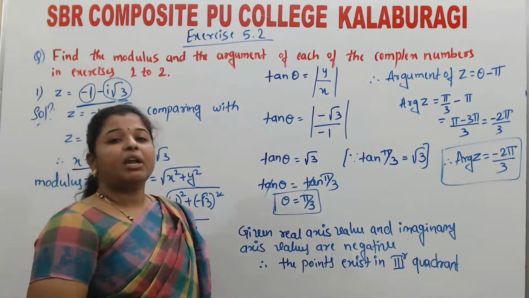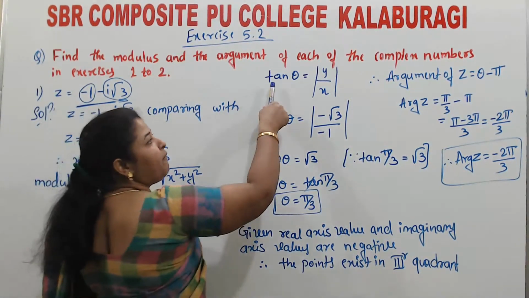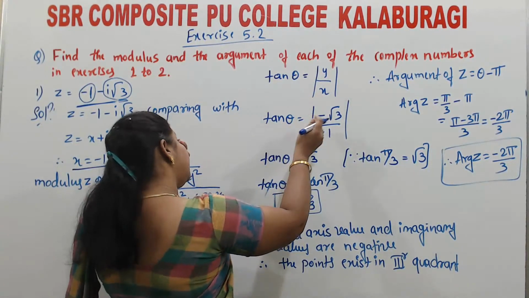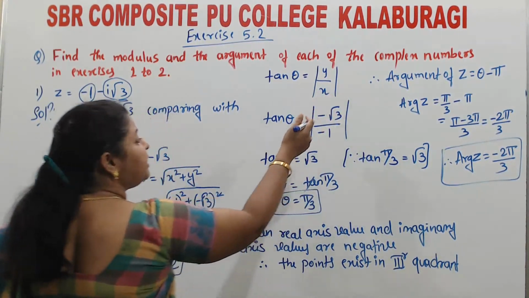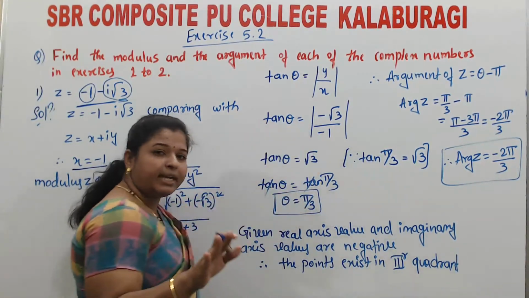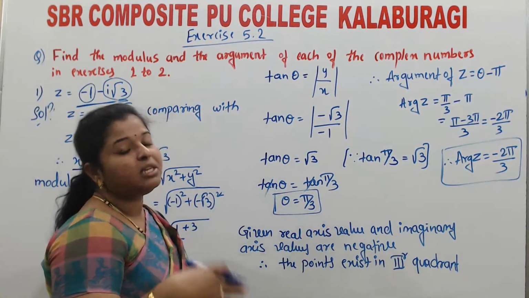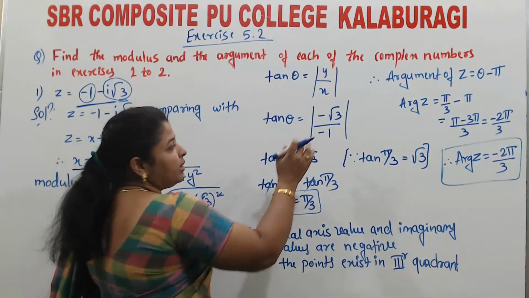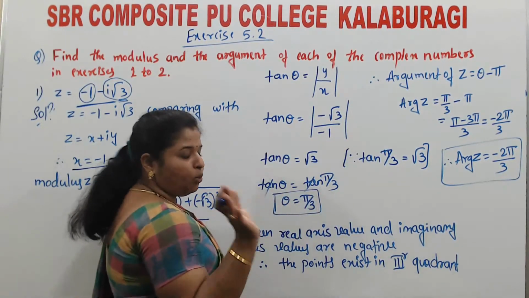Then for finding the value of theta, here we use the formula tan theta is equal to modulus of y by x. Here tan theta is equal to, what is y? The y value is minus root 3 divided by minus 1, right? Inside the modulus, if negative values are there, those values also become positive, right? Then root 3 by 1 is nothing but root 3 only.